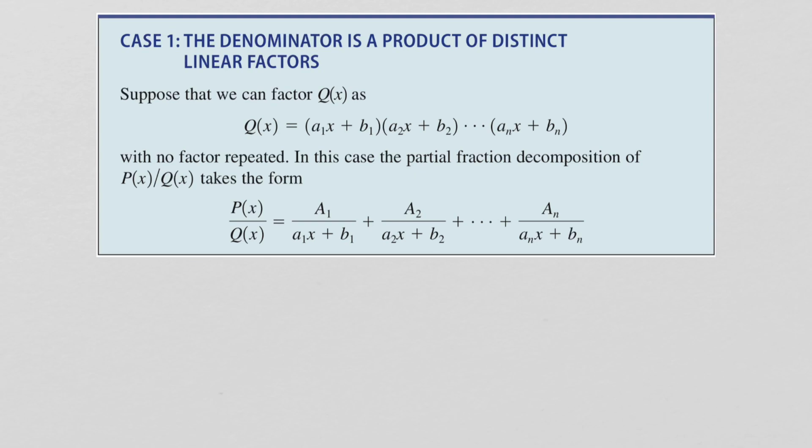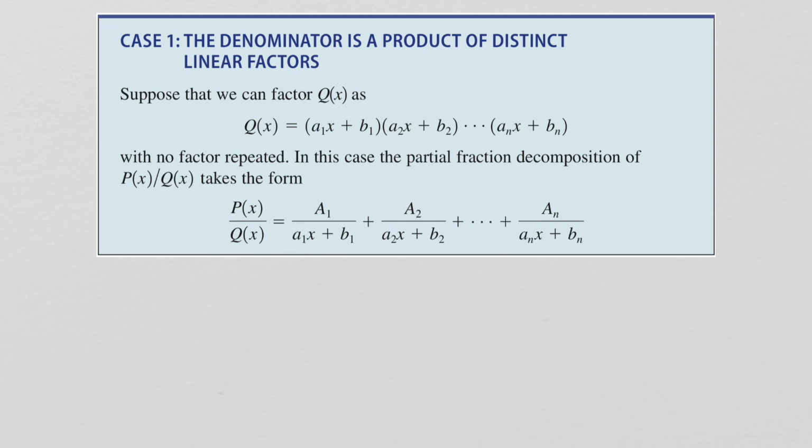Now, as we begin to answer this question, we have to consider 4 different cases. The first case is when the denominator is a product of distinct linear factors. So when you factor your denominator q of x, each of the factors that it factors into is a different linear factor.